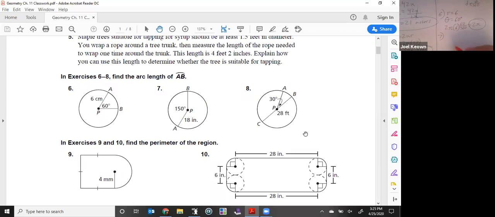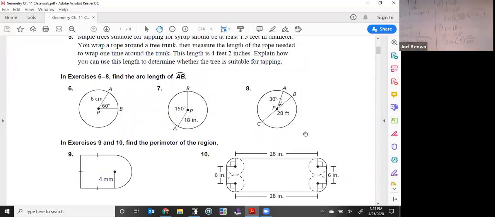Number 7 says that my radius is 18. My theta angle is 150 degrees. Well, again, they give me radius, so I'm going to plug into the radius formula. So 2 pi, the radius is 18. My angle is 150 over 360 degrees.